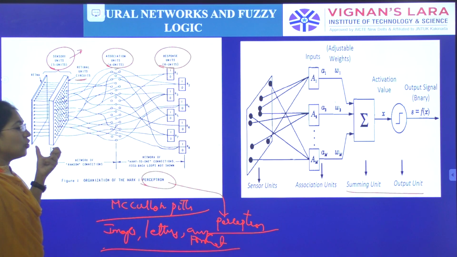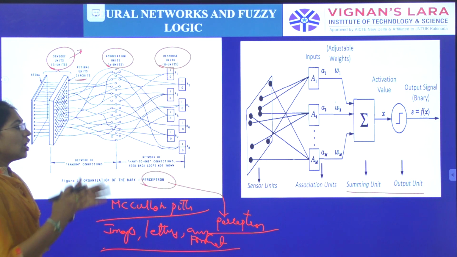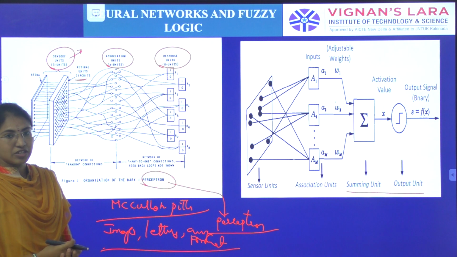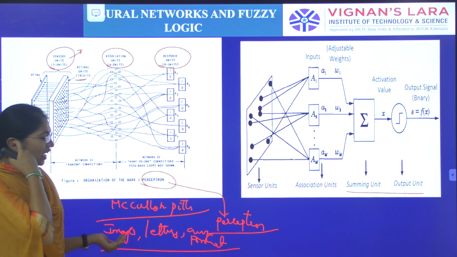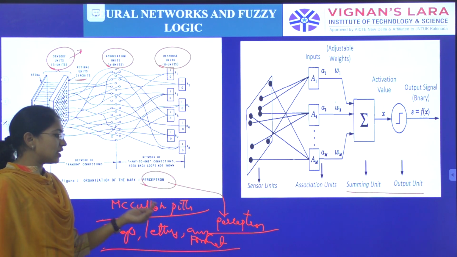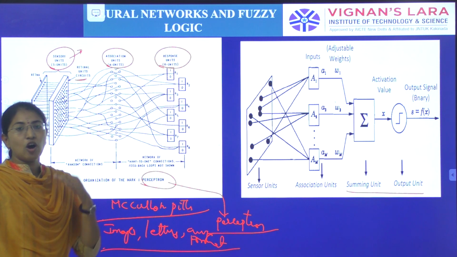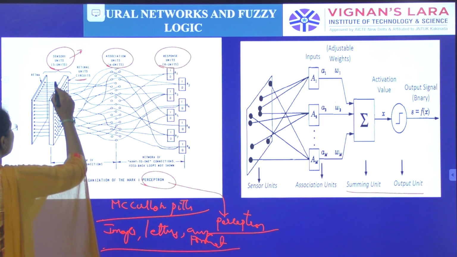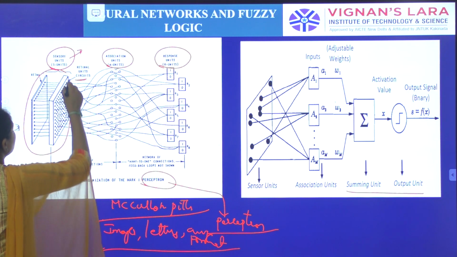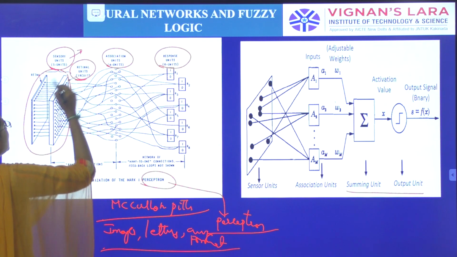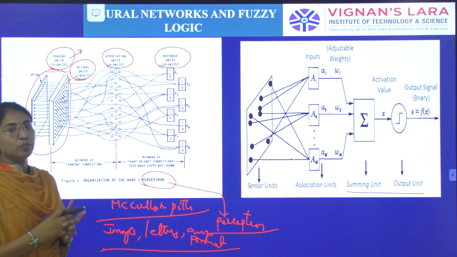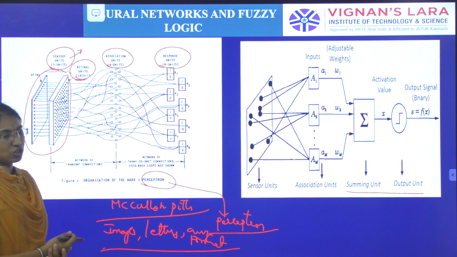So this sensory unit basically consists of a huge amount of input of different parameters. This huge sensory unit is also called the retinal unit, which consists of n number of inputs.